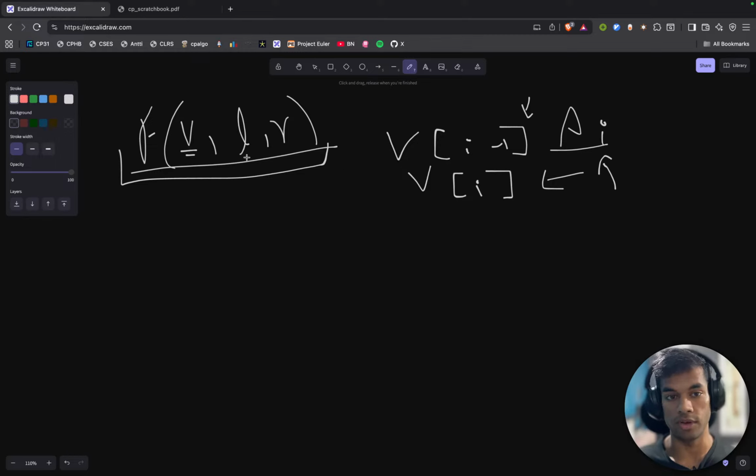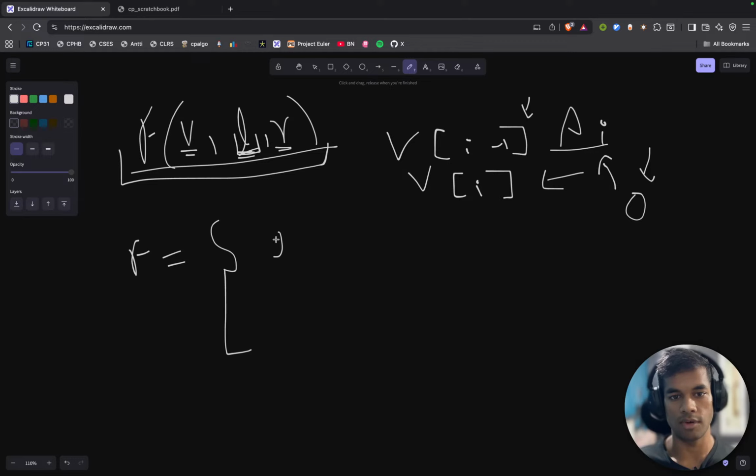And so that is v, and l and r is the range in which we want to find the answer. And l and r both are inclusive. And this l is one indexed. We do not start from 0. Right? Remember that.